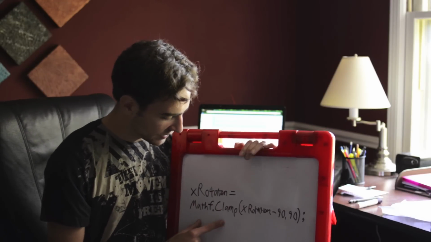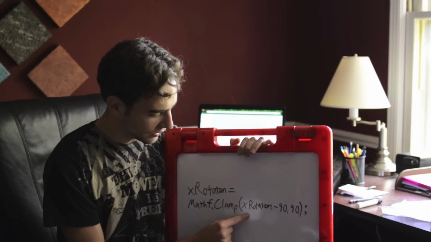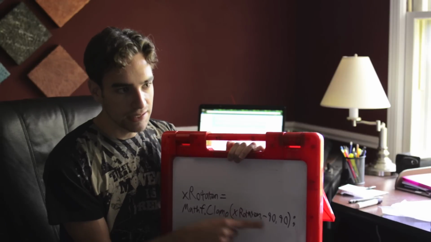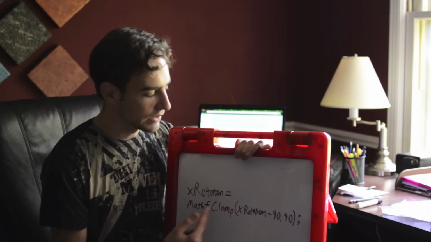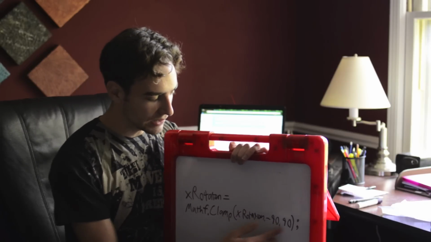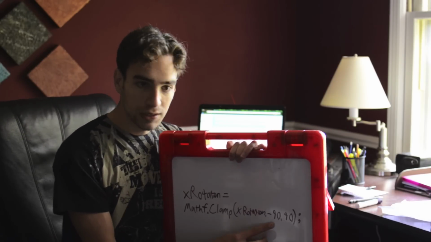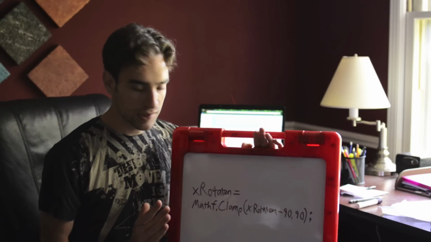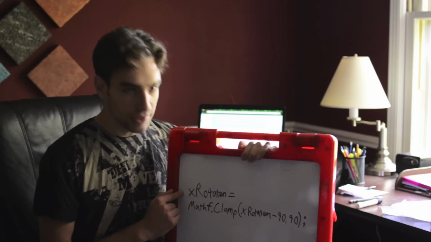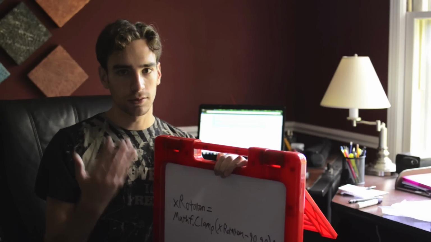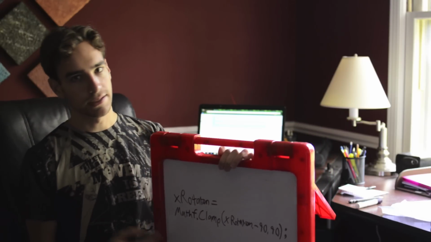So if the first variable, x rotation, is less than -90, it's going to give you back -90, or if it's more than 90, it's going to give you back 90. So it clamps it between those two, and then we have it saved in x rotation. So it's just making sure that it doesn't go over 90 or less than -90.